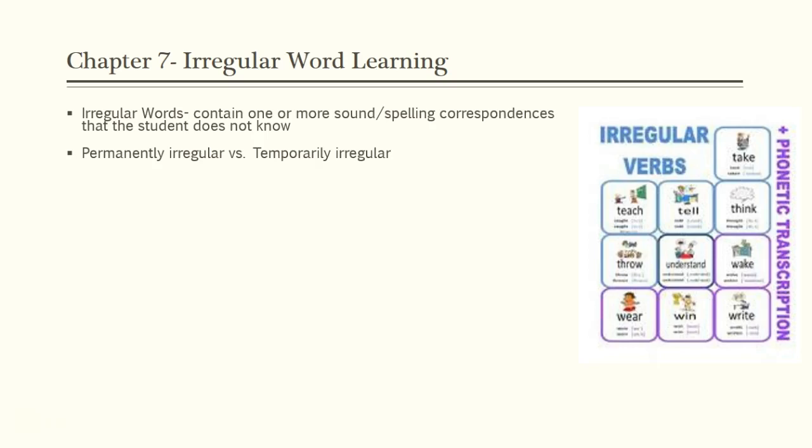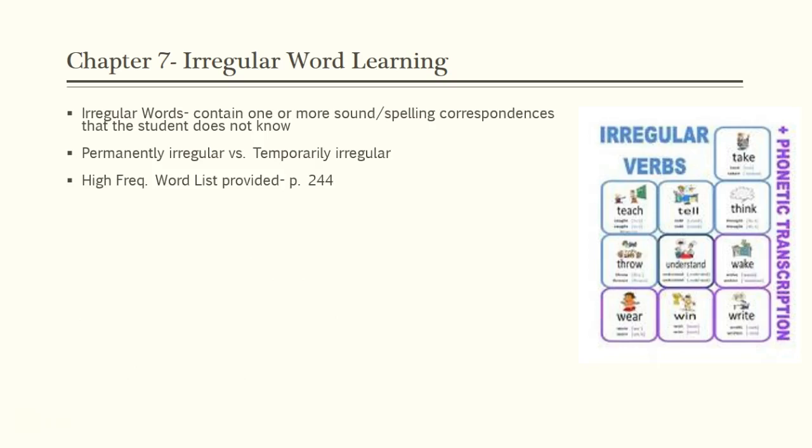But then there are some that are temporarily irregular. So maybe to the kindergartner, day is temporarily irregular because in first grade they learned that AY makes the long A sound. So then I actually know the sound spelling pattern there. So that's the difference between those.